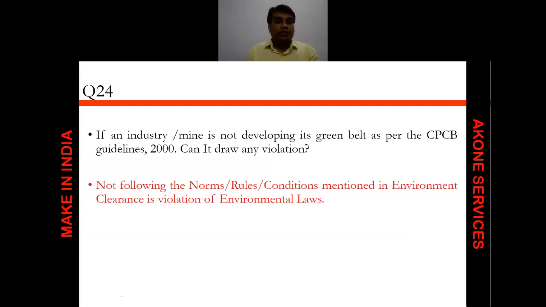And another question: if any industry is not developing the green belt, what will happen? Of course, this can draw a violation, because if it is mentioned in the environmental clearance or in your consent, then you have to comply with those conditions. If you are not complying, that means you are not doing as per the condition given, and you are violating the rule.